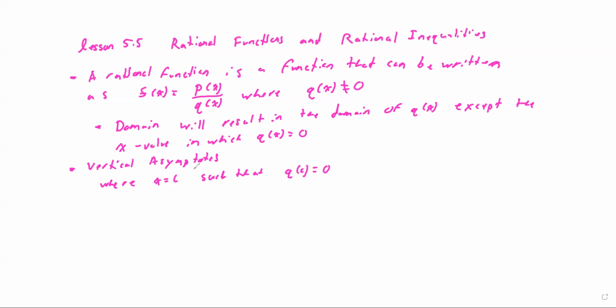You can also have what we call holes, and we'll get into more detail on those. Those holes are where, when we're factoring and canceling, we can see that's just a hole and not an asymptote. But basically, a vertical asymptote is where x equals c, such that q of c equals zero.